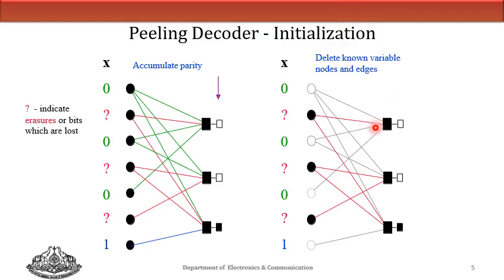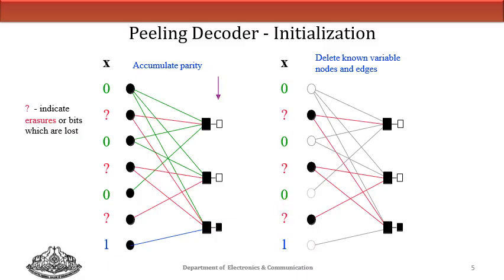So the check node will delete all these green connections from the variable nodes whose values are known, and the remaining connections towards the check nodes are only from those variable nodes whose received bits are unknown.